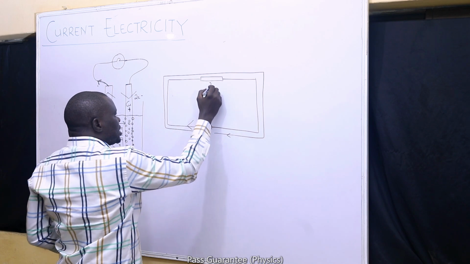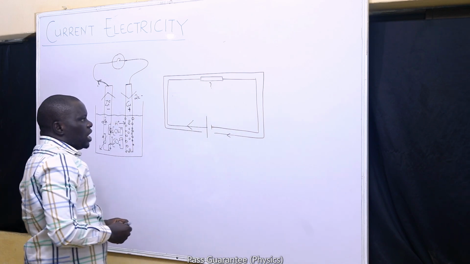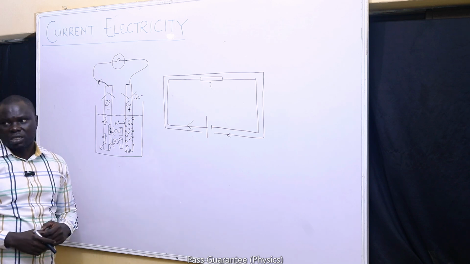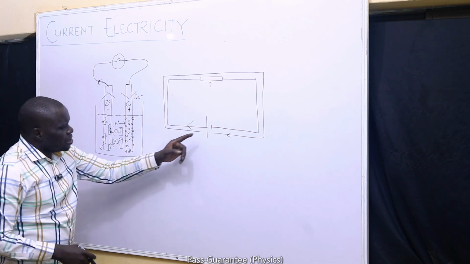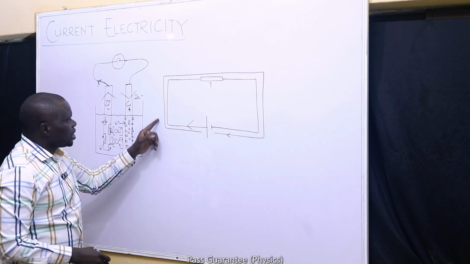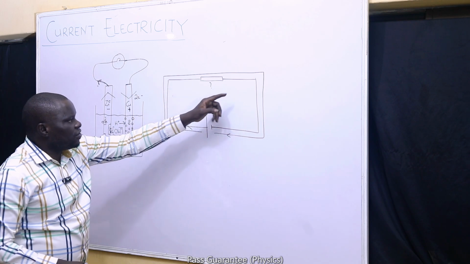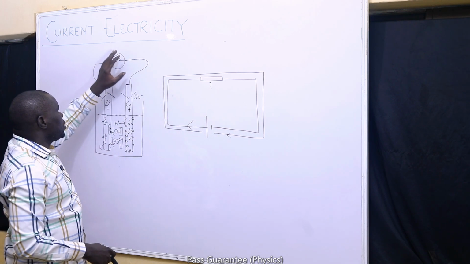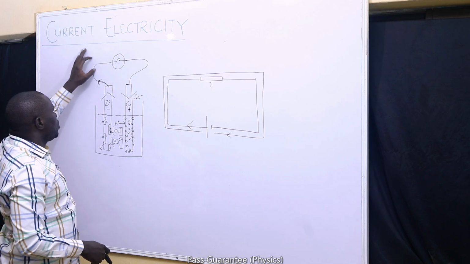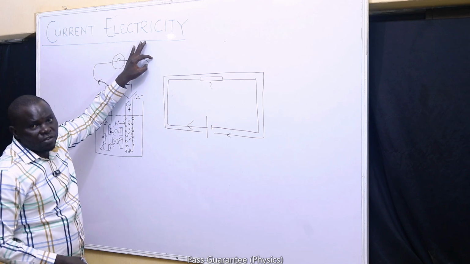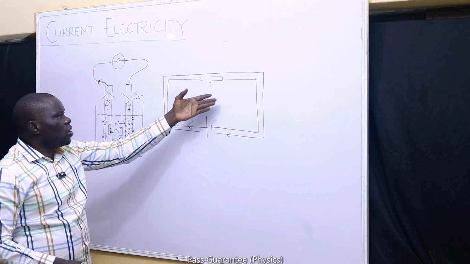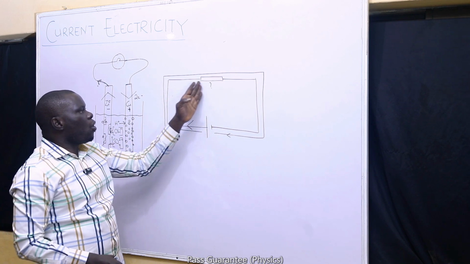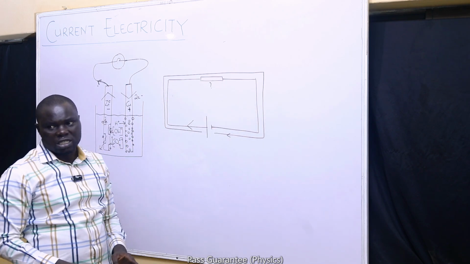But the component itself will oppose the flow of those charges through it, because the charges are not just expected to come to the component and leave. There's something they are expected to achieve within the component. If the component is a bulb, those charges are expected to come and create the light effect before leaving. So that creates what we call a clog, which will disturb the smooth flow of the current through it.